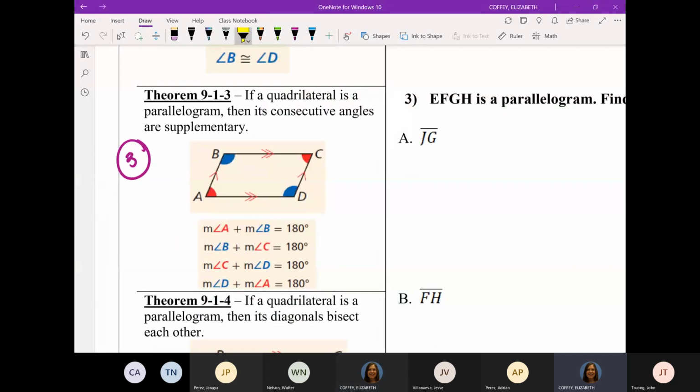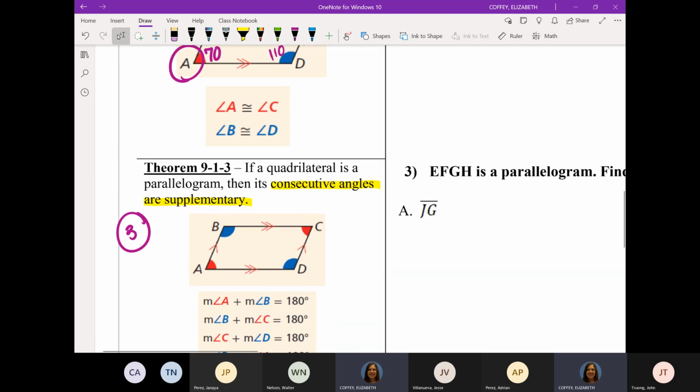It says the consecutive angles are supplementary. So we have to know what this word means, consecutive. If I say consecutive odd numbers, I'm talking about the odd numbers one right after the other. 1, 3, 5. When I say consecutive angles, I'm talking about the angles one right after the other. So angle A is consecutive to angle B. Angle B is consecutive to angle C, and so on and so on.